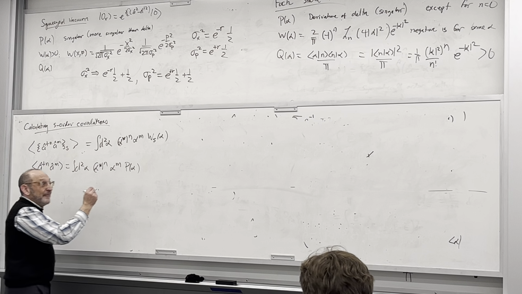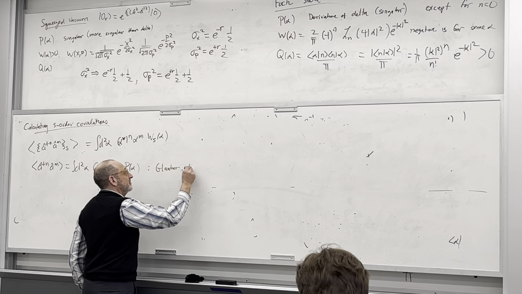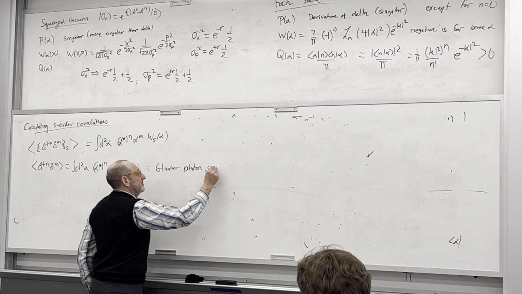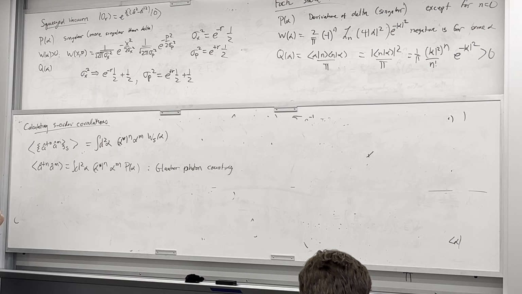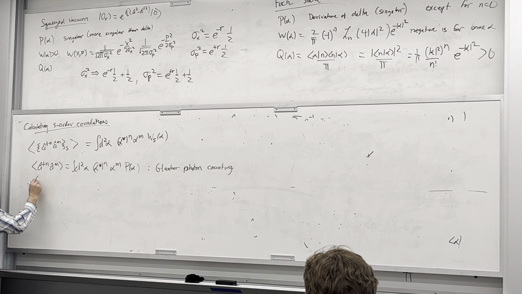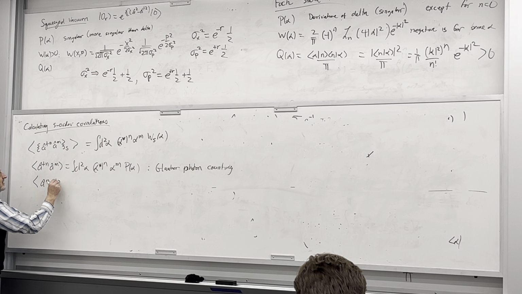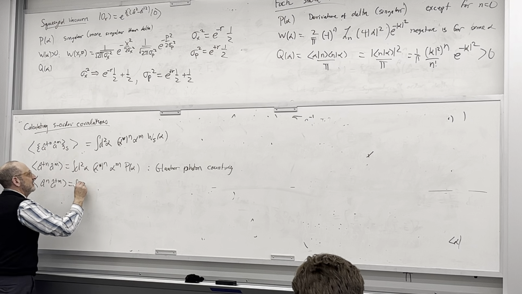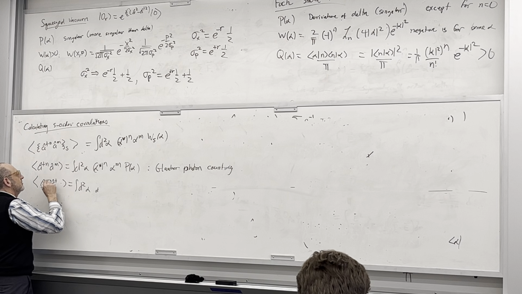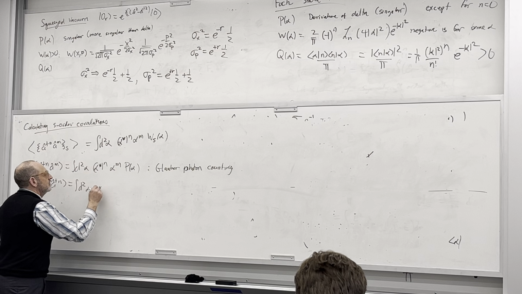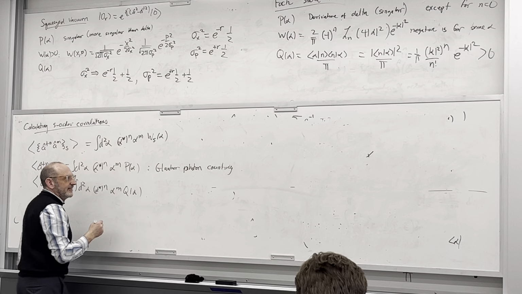This is Glauber photon counting theory. The anti-normally ordered guy I get with the Q function.